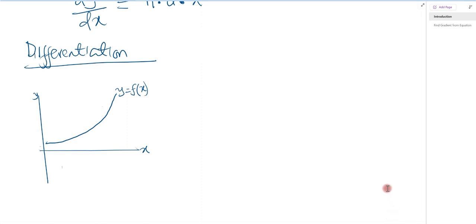if you look at what we've done in the previous videos, where we've been talking about the equation of a line and how to get the gradient of a given line.